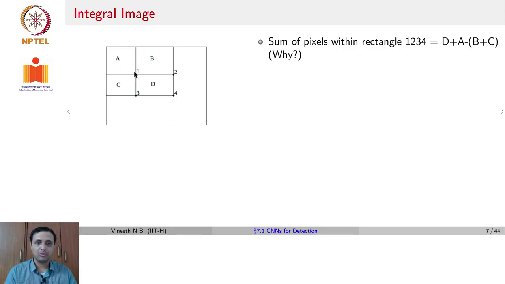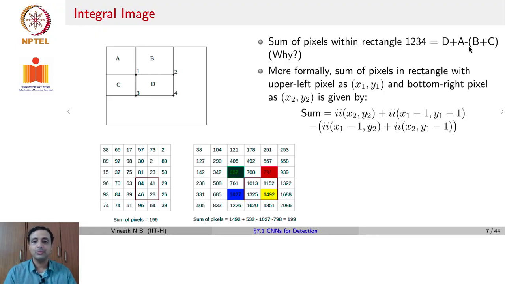A is this top left rectangle, B is this entire rectangle including A, C is this entire rectangle, and D is this full rectangle. So the sum of the pixels within the rectangle 1, 2, 3, 4 would be given by D plus A minus B minus C. You can work this out and see that it would be quite true.